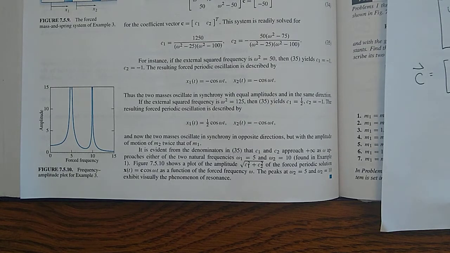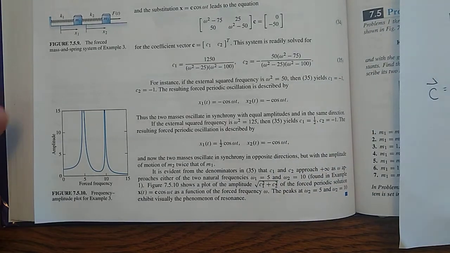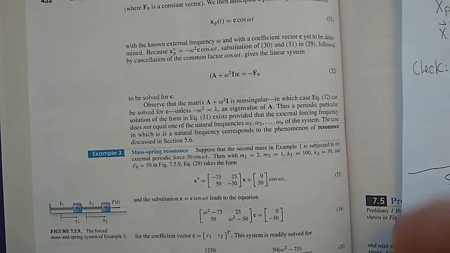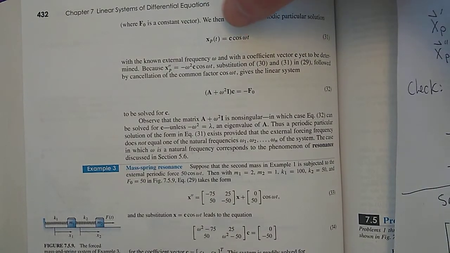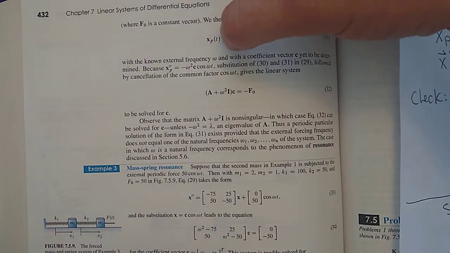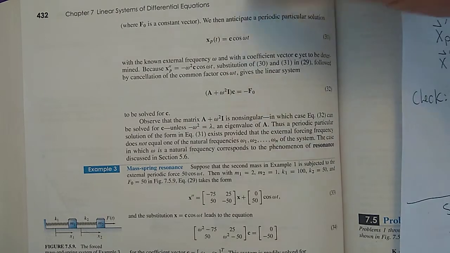Anyway, we can see this phenomenon here because, right, where are we again? What we get is our particular solution has this vector c in it, and this c is like this vector that's times this periodic part.